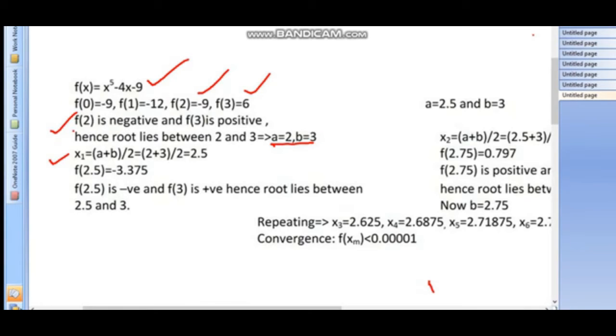and calculate the value of f of 2.5, and you can see this is negative. f of 2.5 is negative.